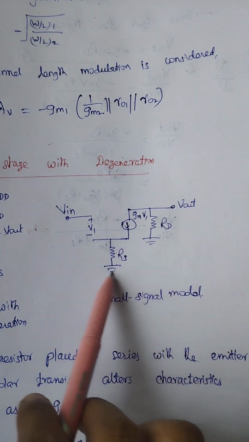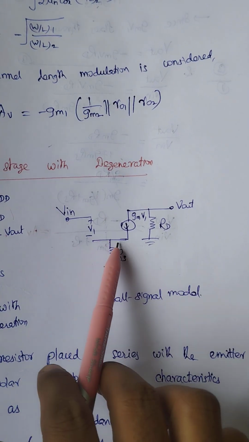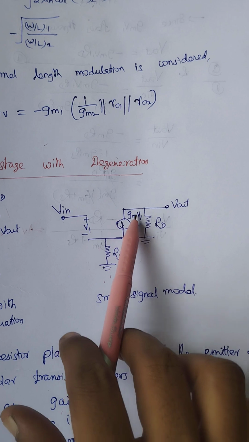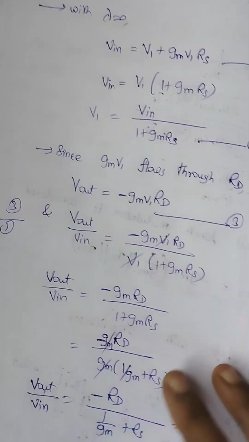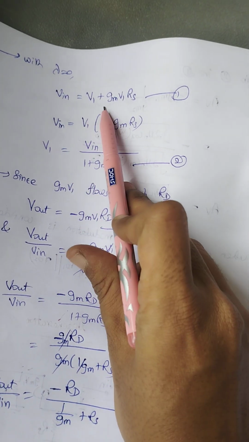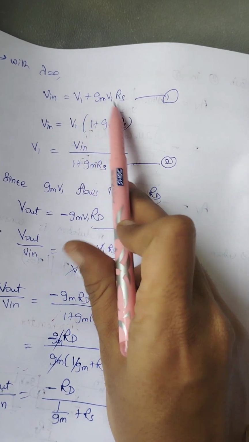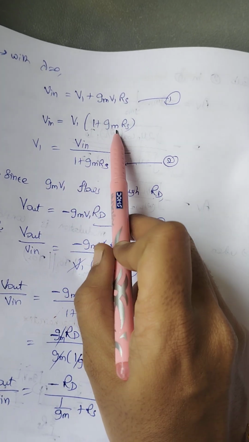Vin is equal to V1 plus the voltage at this side. The voltage at this side is V equal to I into R, or RS, and I is nothing but GMV1. So your input voltage becomes Vin equal to V1 plus GMV1 into RS. Taking V1 as common, Vin equals V1 into 1 plus GMRS.